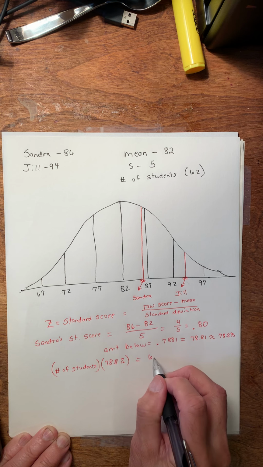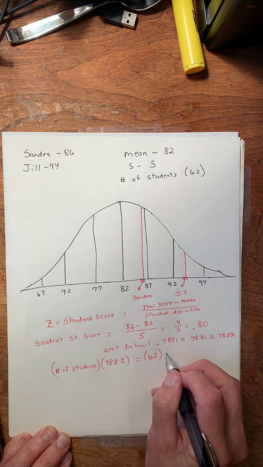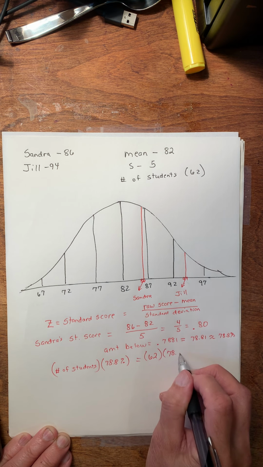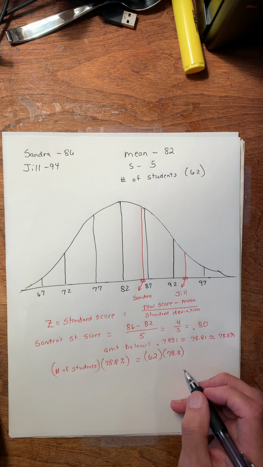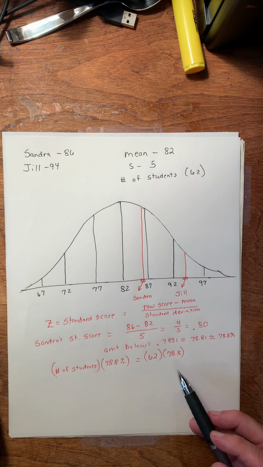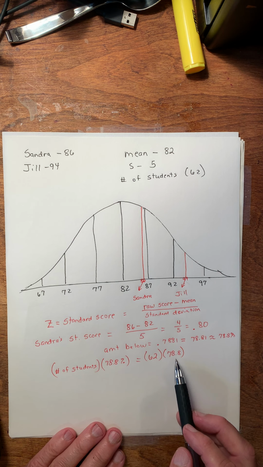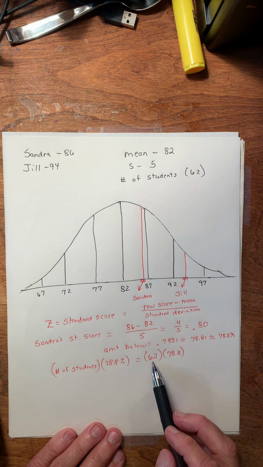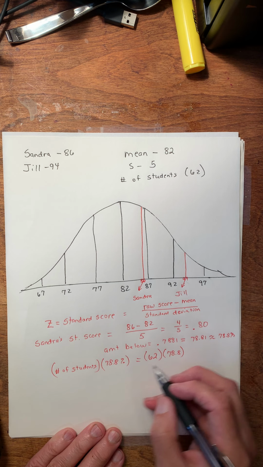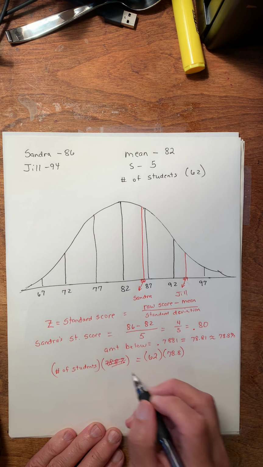So it's going to be 62 times 78.8%. All right, I just realized something here. This is obviously going to give me a lot more than 62 people. So what I'm going to multiply by is not the percentage, but the decimal.